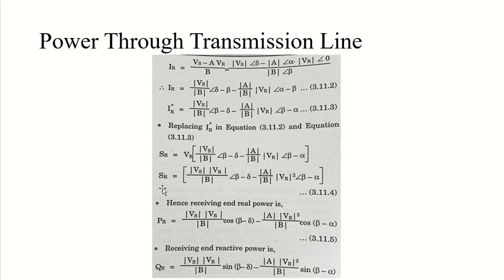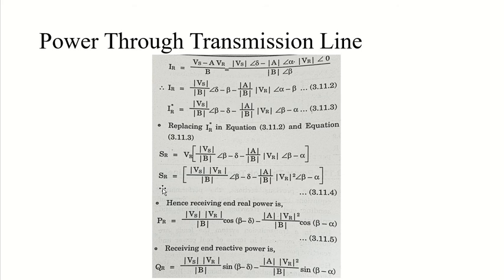Now if I want to find the active power of the receiving end, I will simply take the cosine component of the SR, right? So by simply taking the cosine component of the receiving end apparent power, I will be able to find the receiving end real power or receiving end active power.